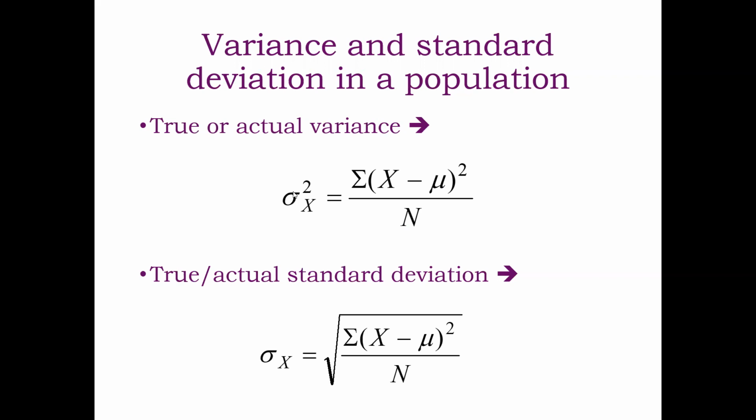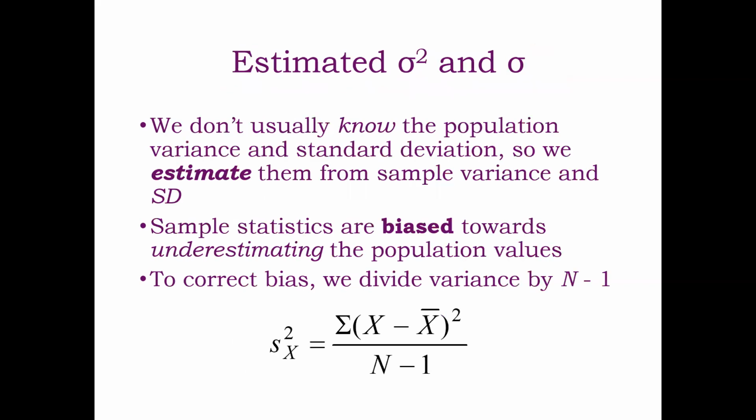We have sigma, the Greek lowercase sigma, which is the population standard deviation, and sigma squared, which is the variance. And then over here, we have the standard deviation, where we just put the radical on, the square root. So sigma is the population standard deviation, sigma squared is the population variance. However, we don't really know these numbers.